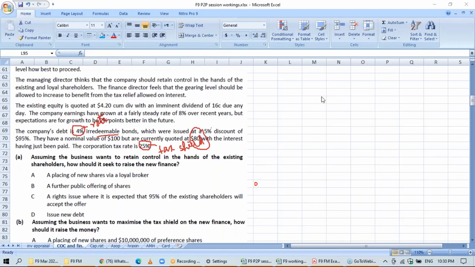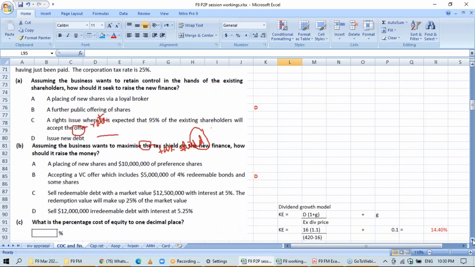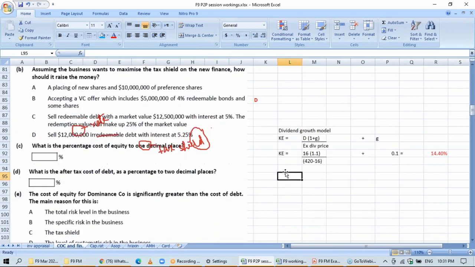So whenever you issue a loan note or a debt instrument which is irredeemable, you will use a formula for calculating the cost of debt. KD is the cost of debt, right? So the formula will be cost of debt equals I, which is the interest, times 1 minus T. This is for irredeemable debts, right? Divided by the market value.